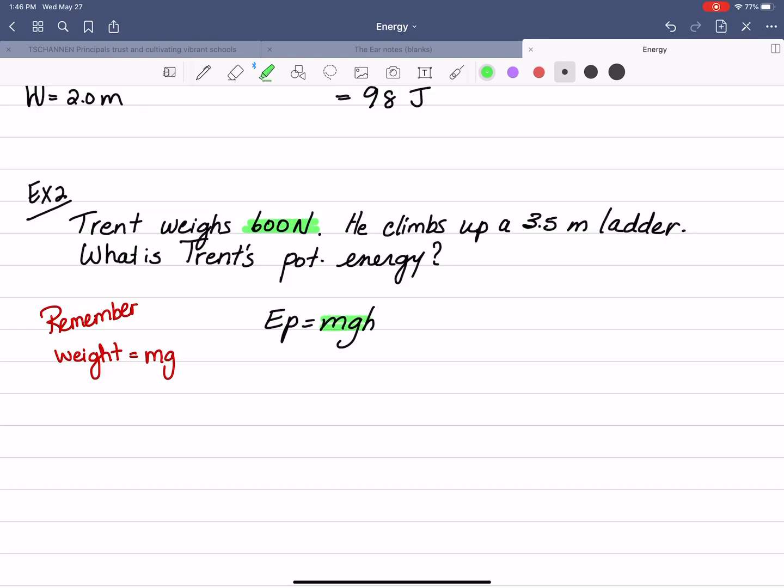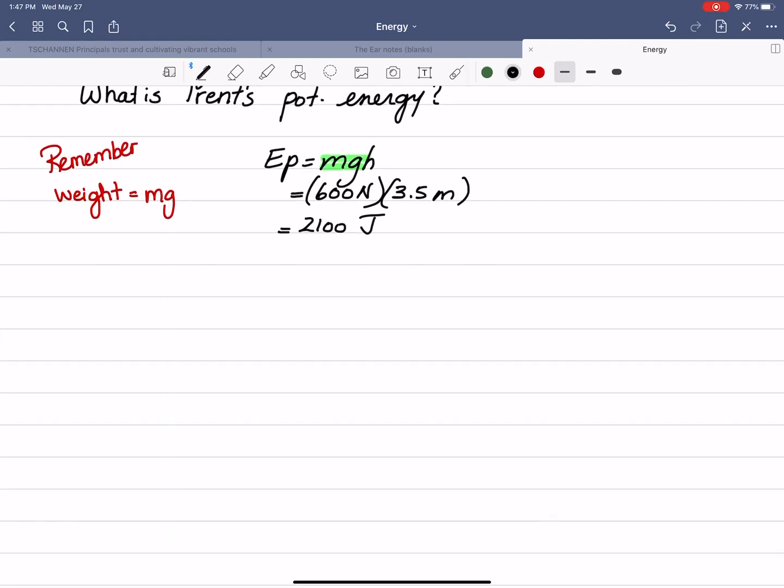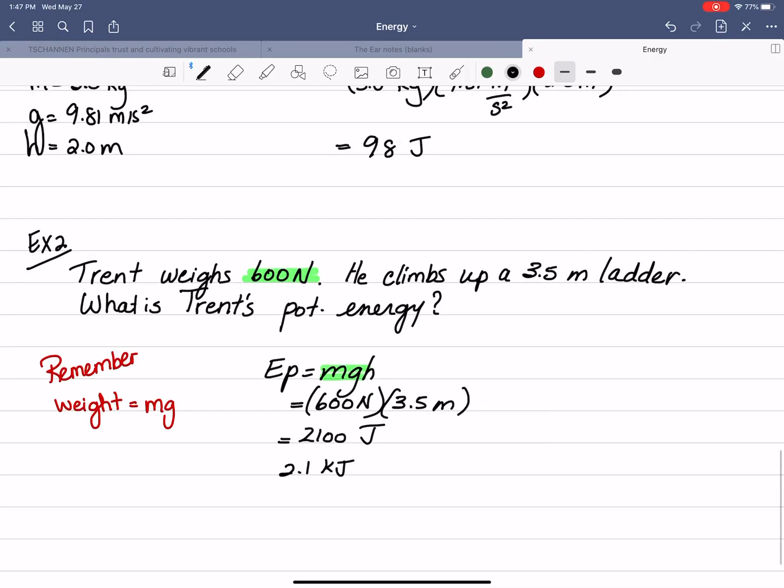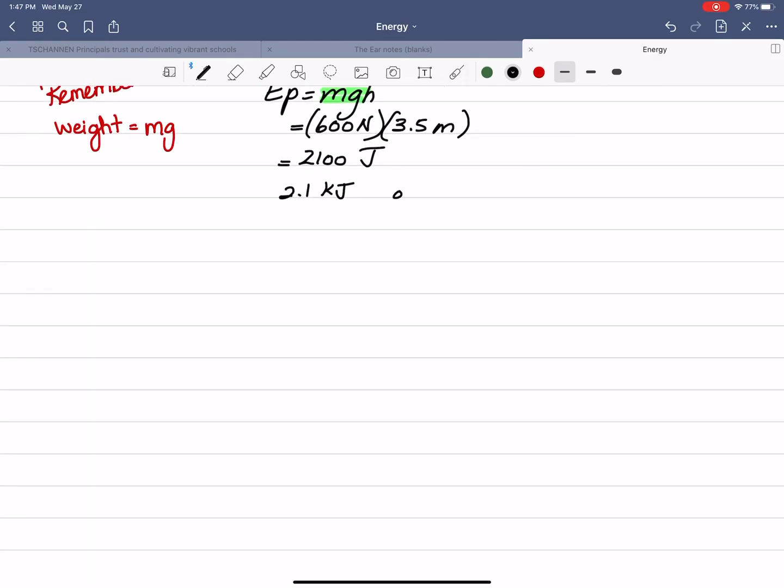I have the M and the G. And so then mg is 600 newtons, and then h is what I'm left with, is 3.5 meters. And I end up with 2100 joules. And so again, you can divide this by 1,000 and get 2.1 kilojoules, because we need 2 significant digits, or 2.1 times 10 to the 3 joules.